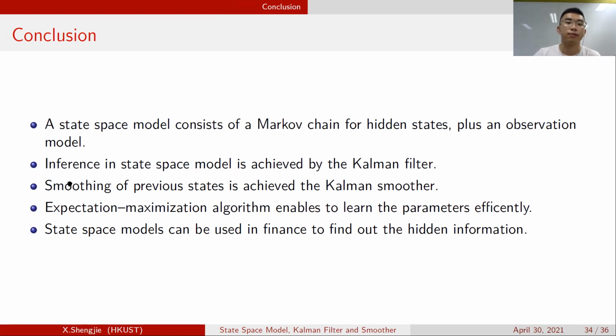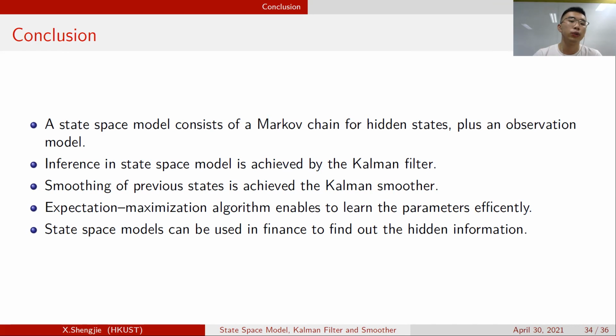Inference in the state-based model, the forward algorithm, is called the Kalman filter. And the backward one, the smoothing one, is called the Kalman smoother. And the EM algorithm helps us to learn the parameters efficiently. And from our application, we can see that the state-based model is quite useful in finding hidden information.